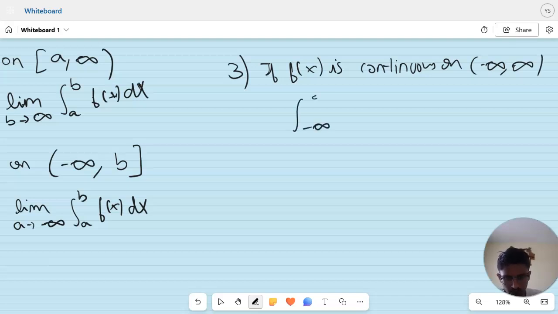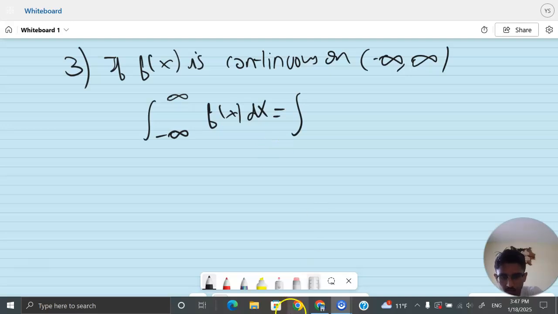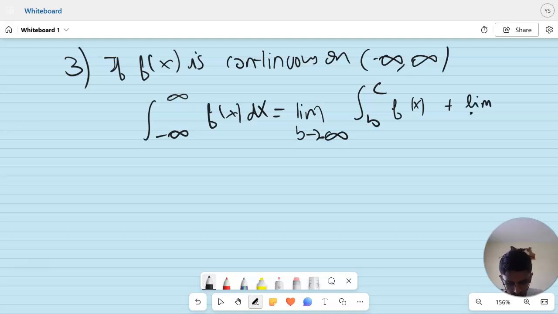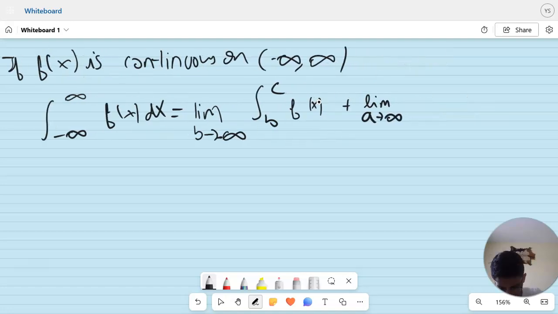Then the integral from negative infinity to infinity of f of x dx is going to be equal to the limit as b goes to negative infinity of the integral from b to c of f of x, plus the limit as a goes to infinity of the integral from c to a of f of x dx. Remember, make sure I put the dx over there also.